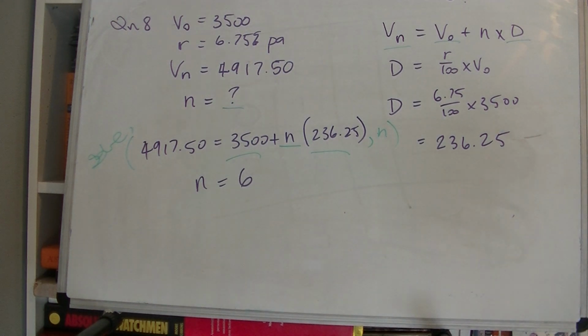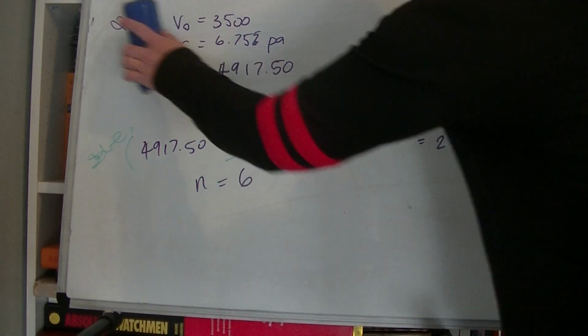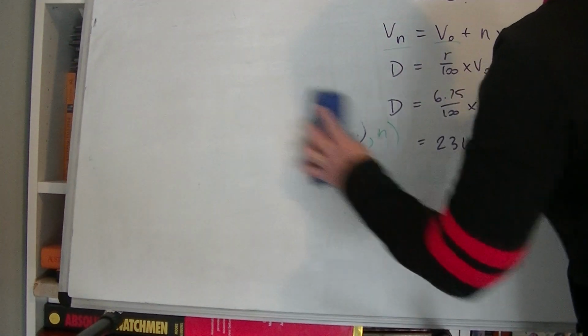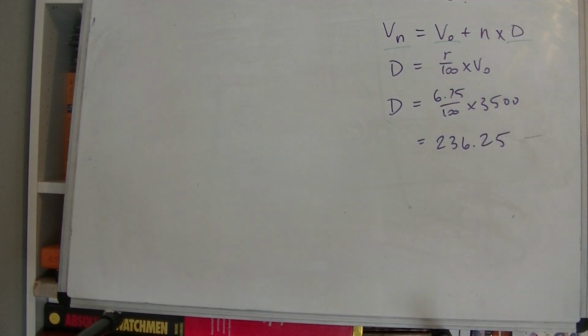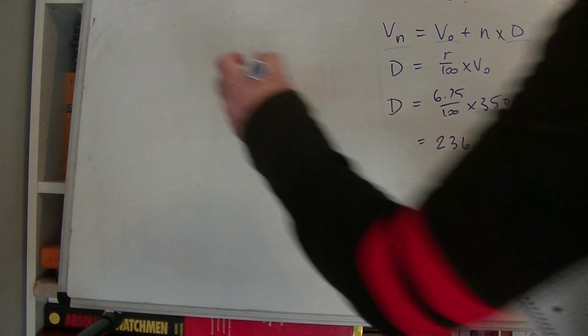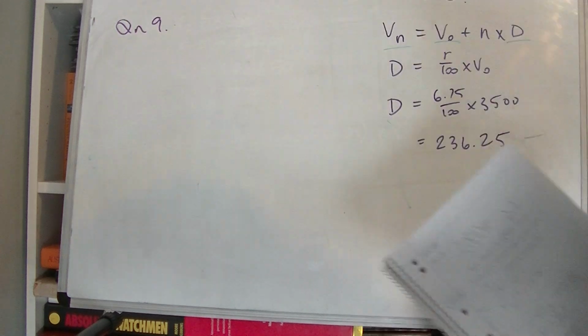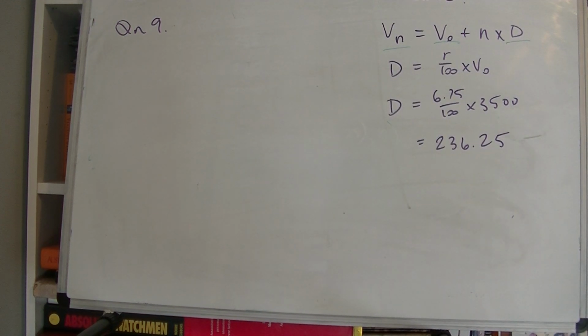Let's do another question. We'll do question 9. In the textbook it reads, how long would it take for $200 to exceed $20,000 if it was invested at 4.75% per annum compound interest?